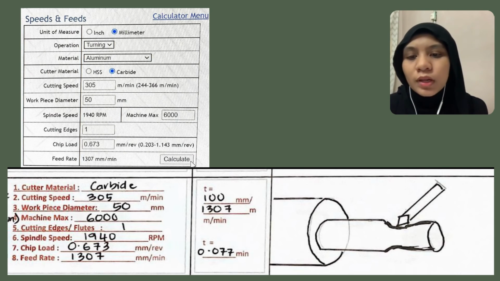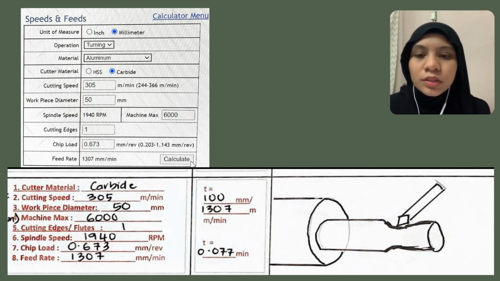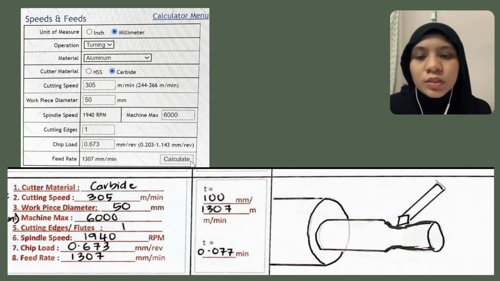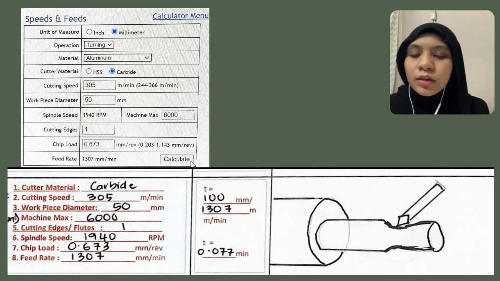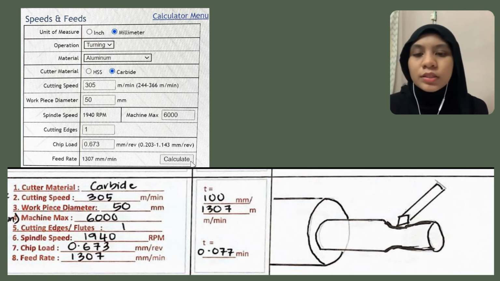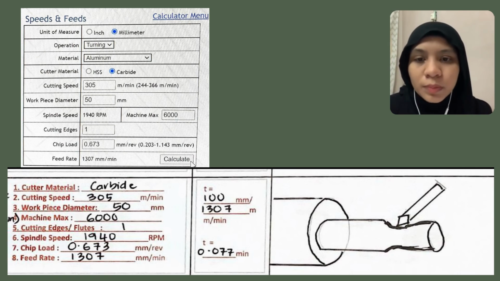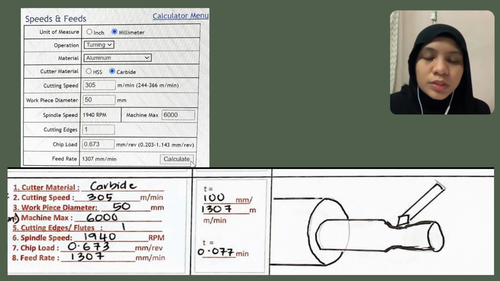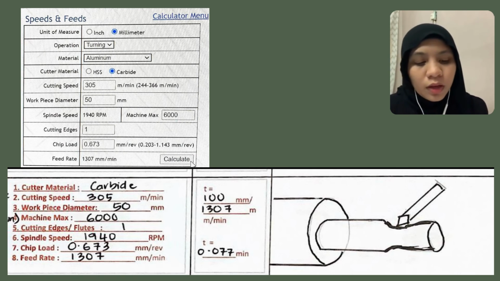For spindle speed, I got 1940 RPM. For chip load, 0.673 millimeter per revolution, and for feed rate, I got 1307 millimeter per minute.